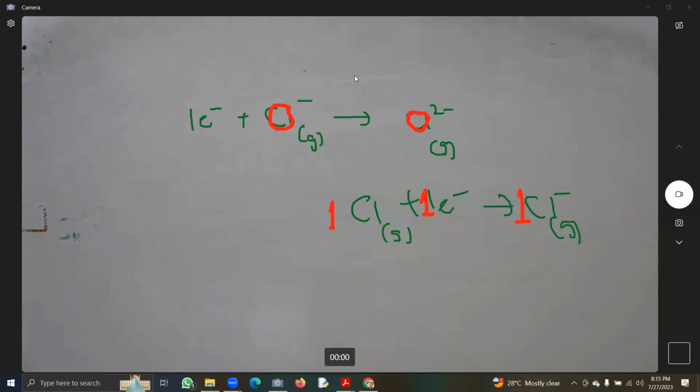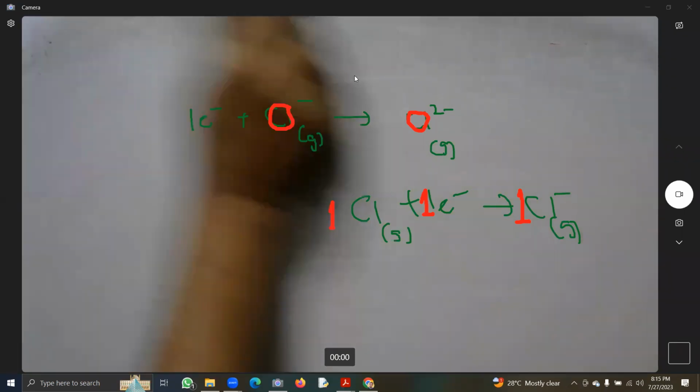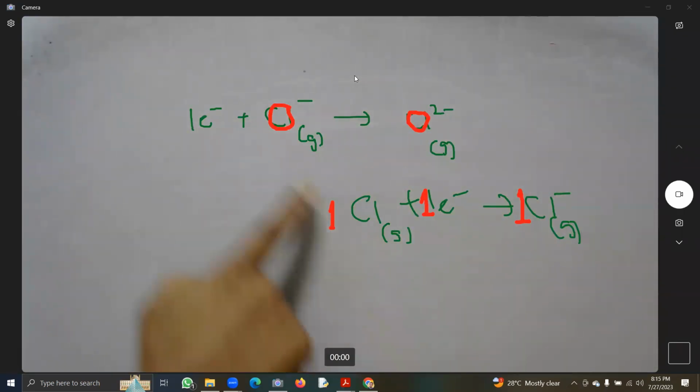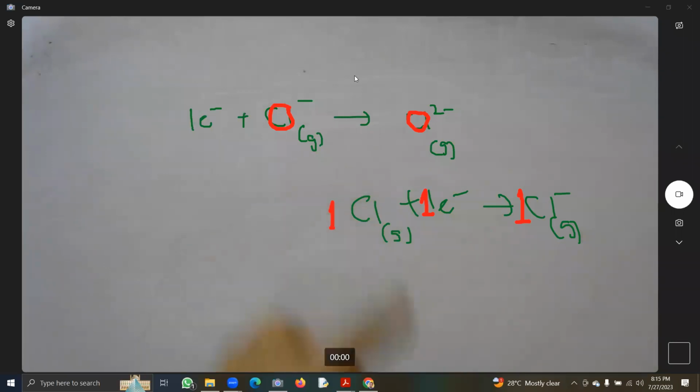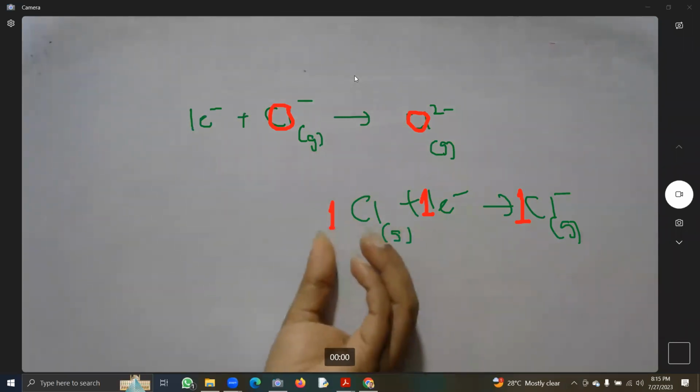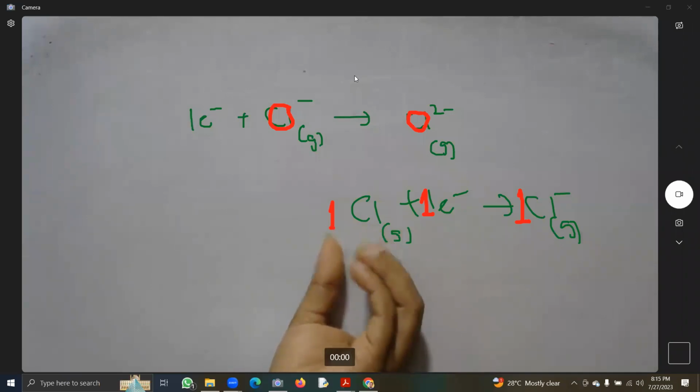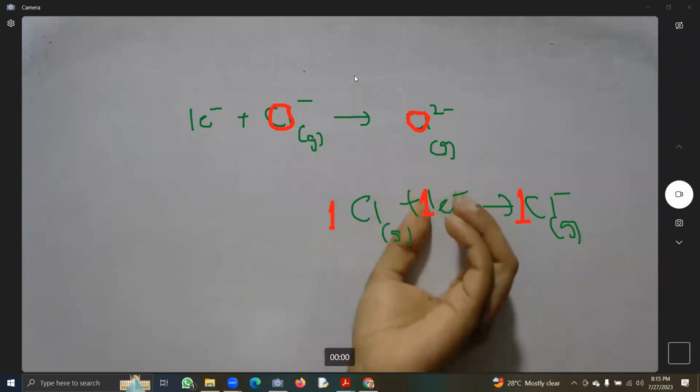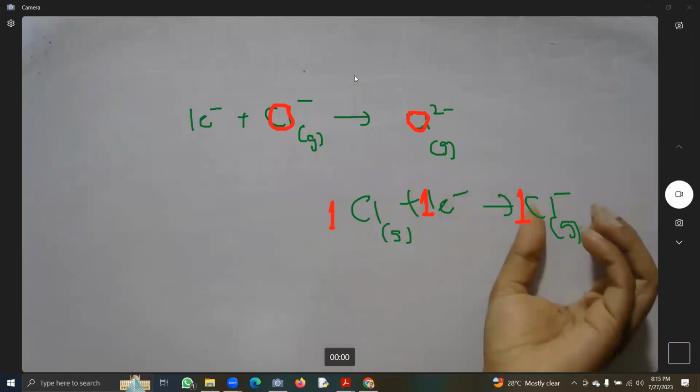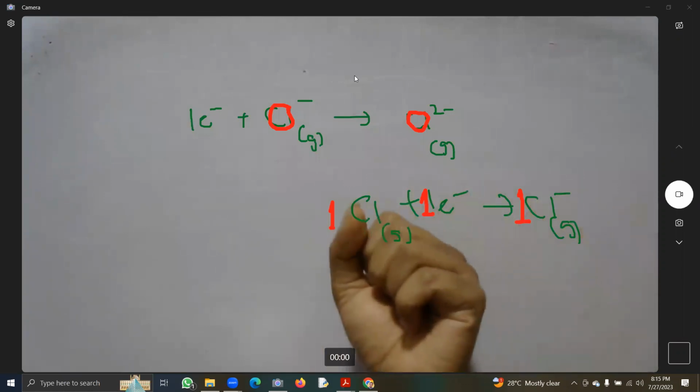So normally we can say for the first one, copy that and write again underneath. Write this. This should go to your brain. This is 1 mole of gaseous atoms gain 1 mole of electrons forming 1 mole of gaseous -1 ion.